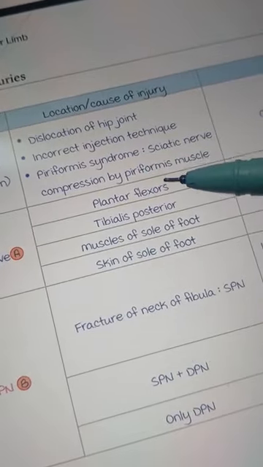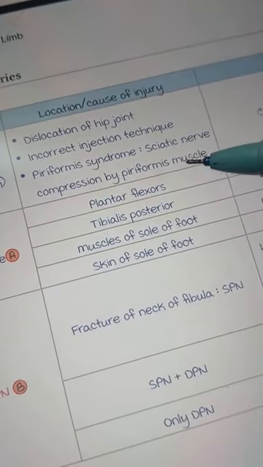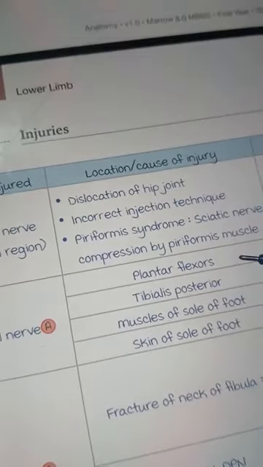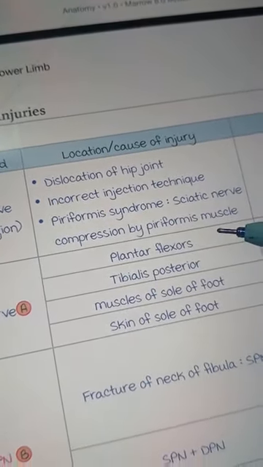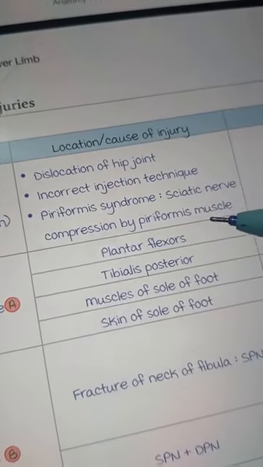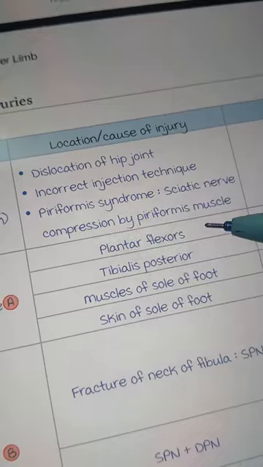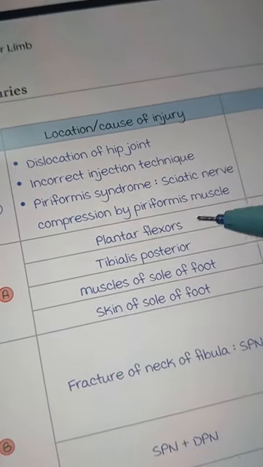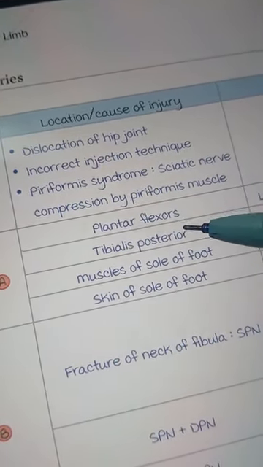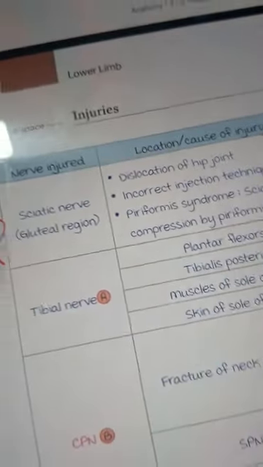Next is piriformis syndrome. Why? Because just below the piriformis lies the greater sciatic notch, and from there the sciatic nerve arises. So piriformis syndrome can lead to sciatic nerve compression by the piriformis muscle.